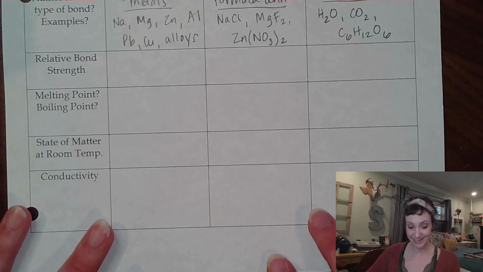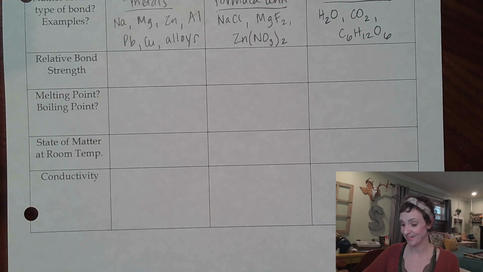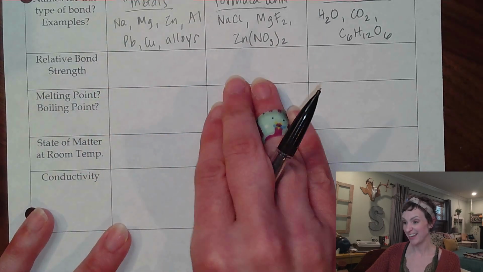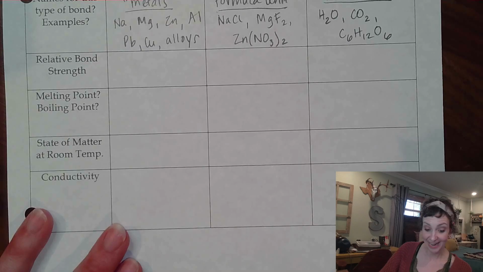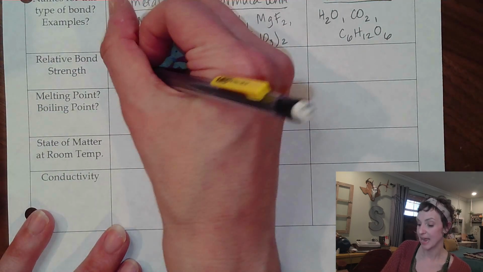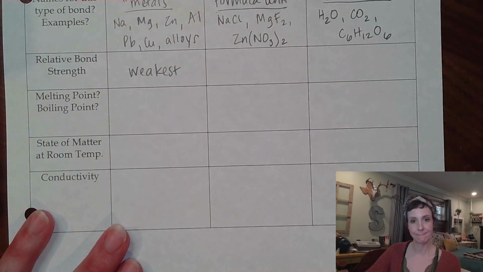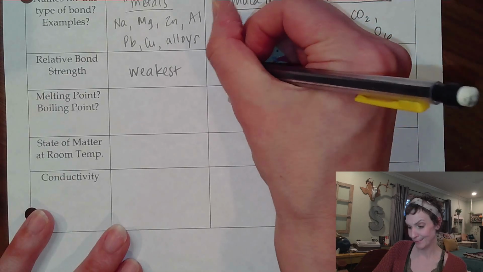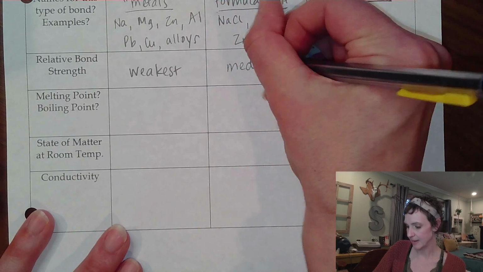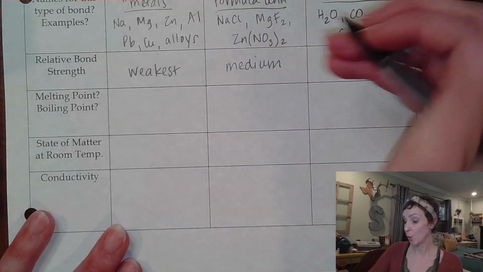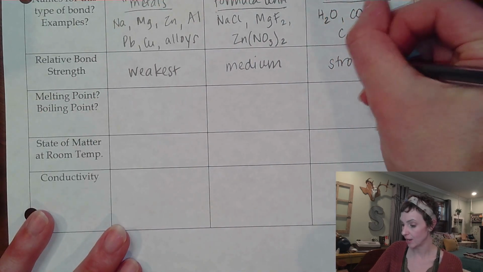Okay, relative bond strengths. Comparing my metallic, ionic, and covalent, my metallics are my weakest. My ionics are, I guess, medium strength. And then my covalent is the strongest.